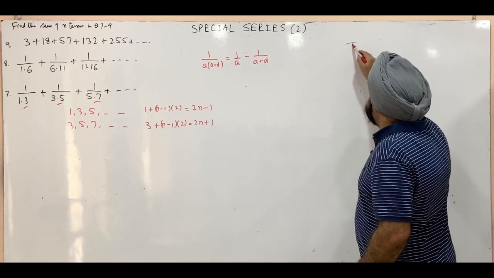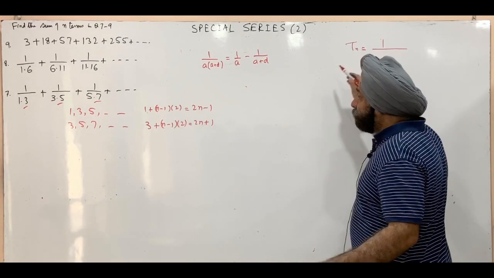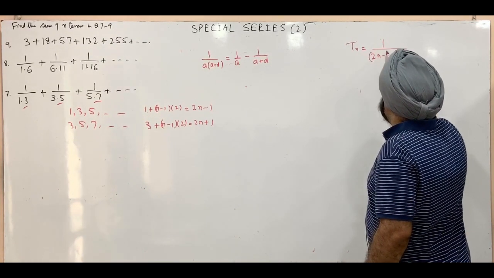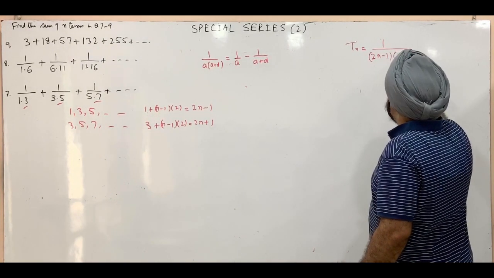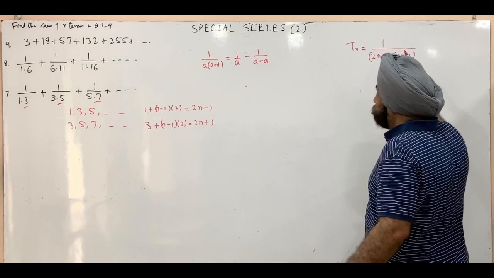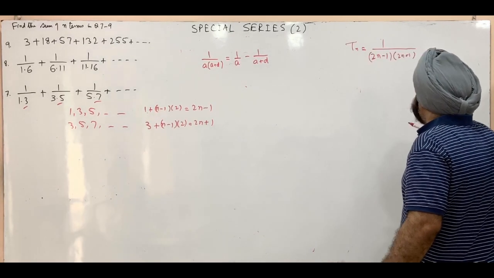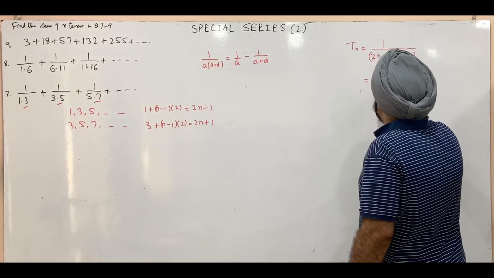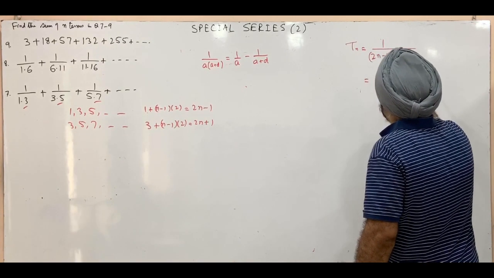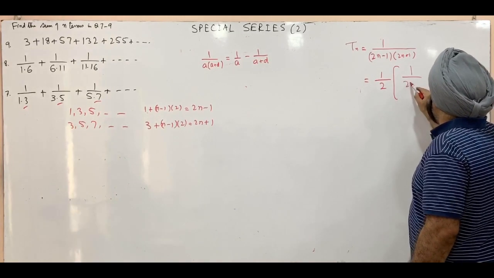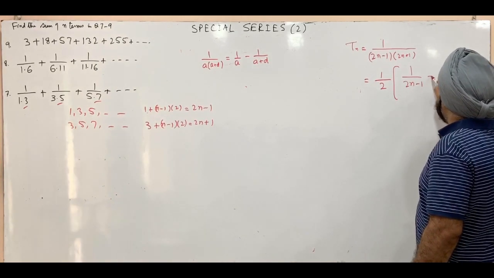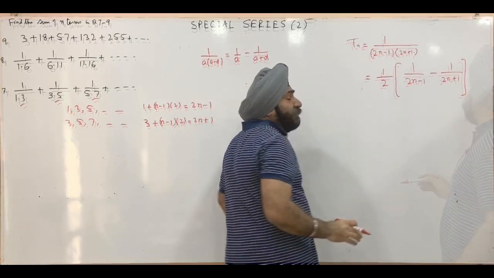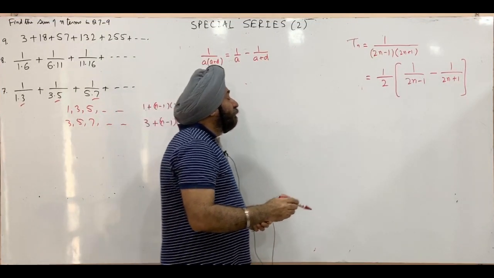So what will be the nth term of the series? We can write the nth term as 1 upon 2n minus 1 into 2n plus 1, and this is 1 by 2 times [1 by (2n minus 1) minus 1 by (2n plus 1)]. The coefficient of this thing is to be written here.